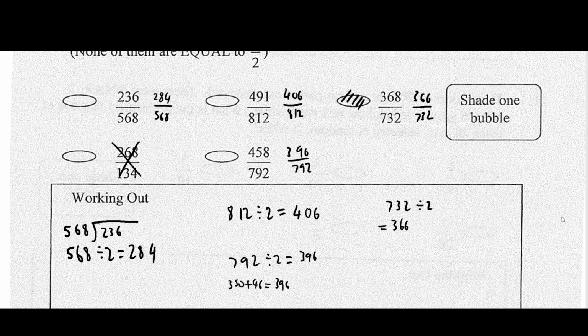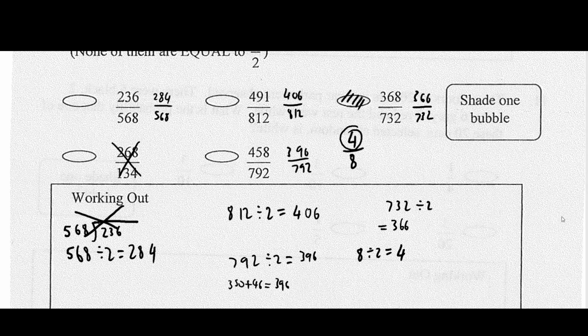All right, now instead of doing the long division, initially I thought some long division might be good, but it's just too time consuming. What you can do is look and see which one of these is closest to a half. Because here's 4 over 8, that's exactly a half. 8 divided by 2 gives you 4, which is the numerator.